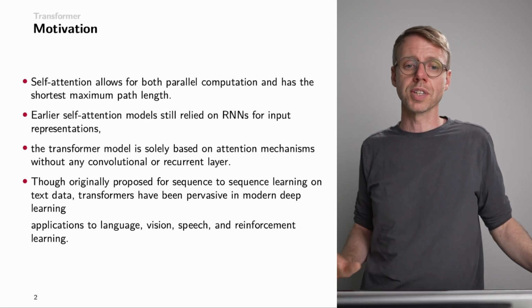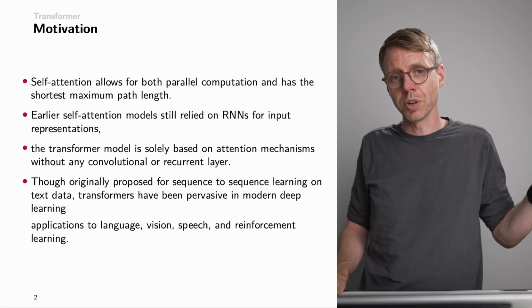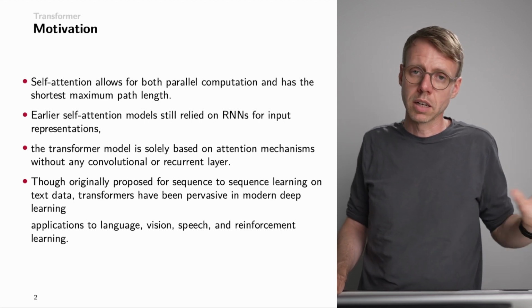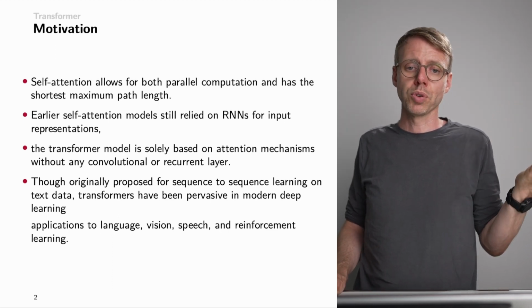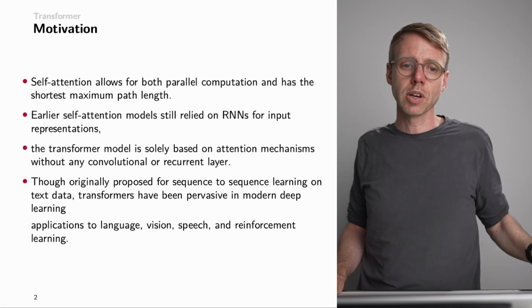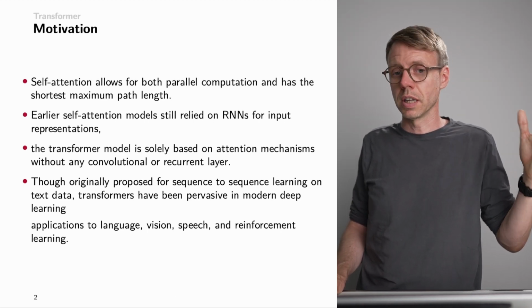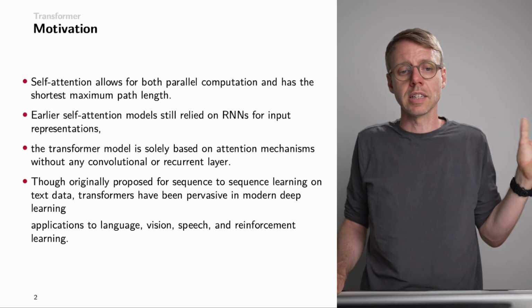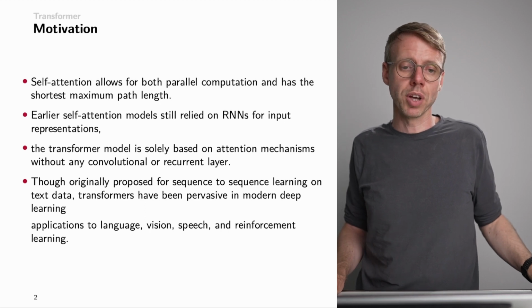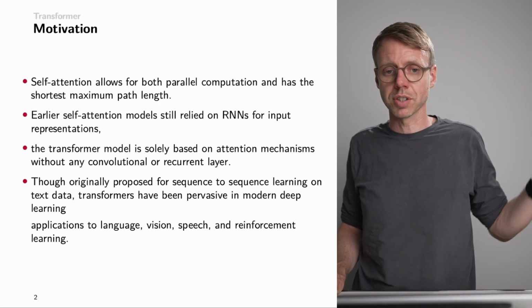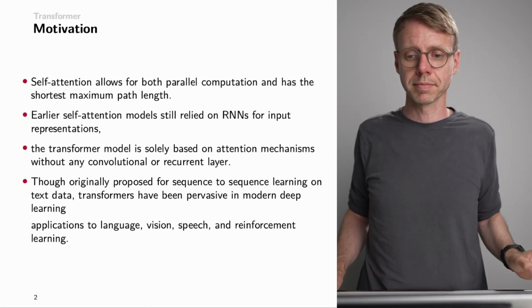This is the so-called transformer architecture, without the need of any recurrent or convolutional layer. While this paper was originally proposed for sequence-to-sequence learning, today transformers have also been used for images. They are basically pervasive in all kinds of applications of modern deep learning: language, vision, speech, and reinforcement learning.